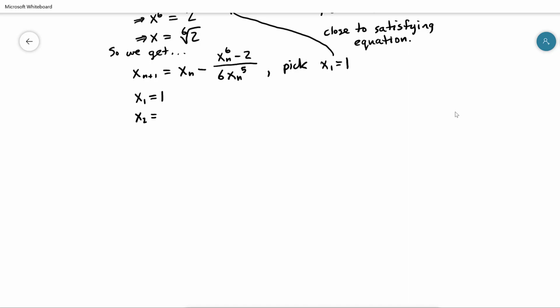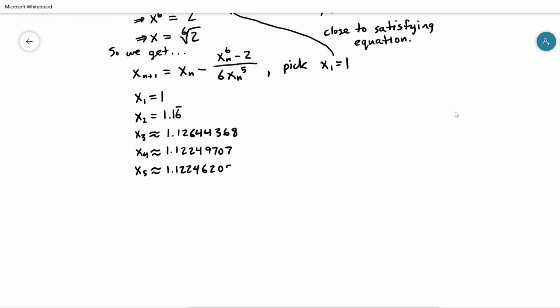The number we get after this for x2 turns out to be about 1.16 repeating. x3 works out to be, I guess I should make these approximate symbols since we're starting to round, 1.1264436, something like that. x4, repeating the process again, will give us 1.122497707-ish. x5, I get 1.1224122246205.